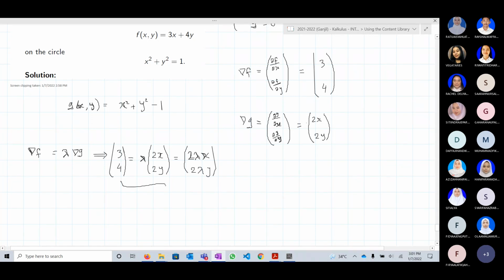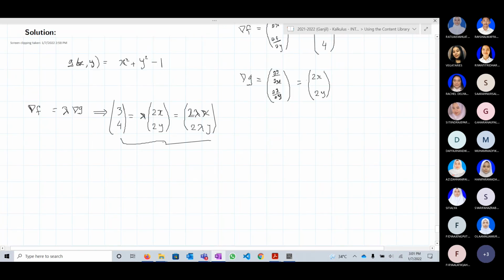From here, we get that 3 equals to 2 lambda x, meaning that lambda is 3 over 2x, and 4 is equal to 2 lambda y, meaning that we have lambda is equal to 2 over y.